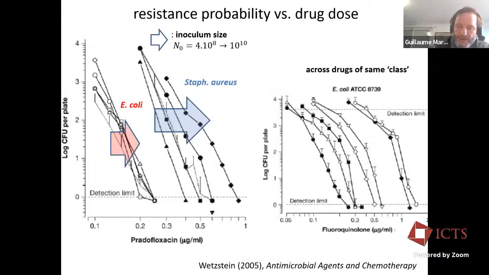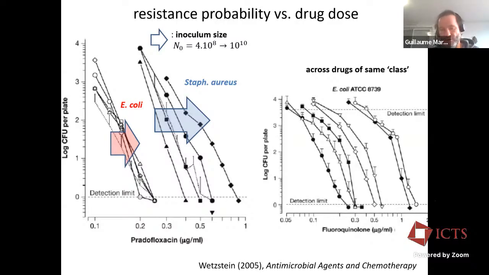Now, just a quick illustration on data. These are experiments that are done quite often in microbiology when dealing with antibiotics, drugs in general. They look at different drug doses that they vary by log scales in concentration, and they take a population of wild type bacteria, which is actually polymorphic, and they plate this population on plates with different log concentrations, and they look at how many colonies they retrieve.